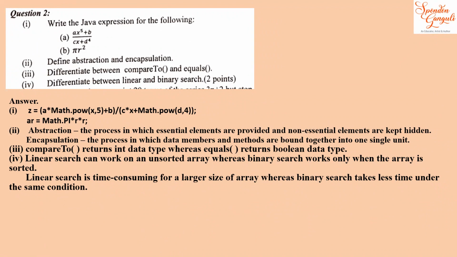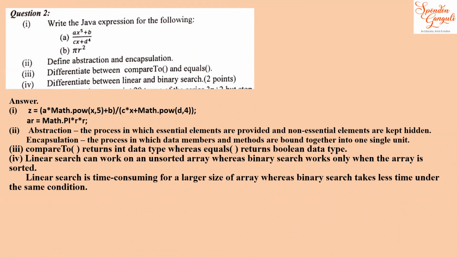So the first one can be z = a * Math.pow(x, 5) + b, and the whole thing within brackets, divided by, again within brackets, c * x + Math.pow(d, 4). Here the data type is not important.